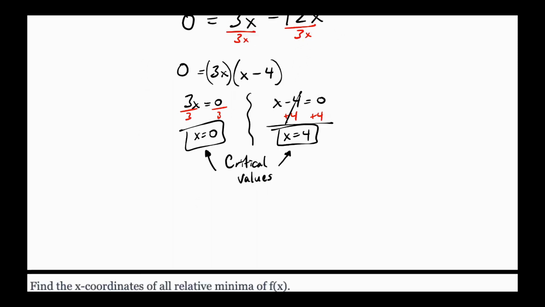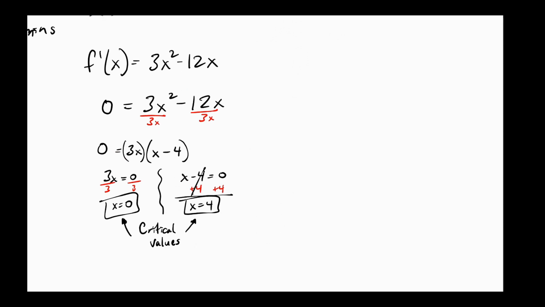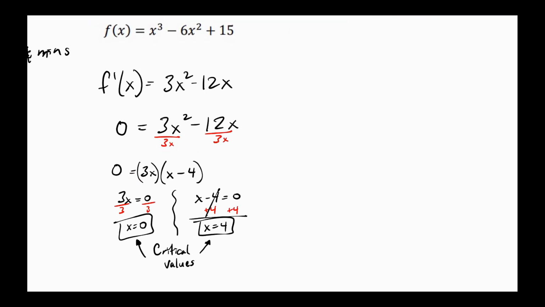Okay, so the first derivative test, let me get some, is a line. We use a number line. On the number line, the critical values are going to go. So in this case, we're going to put a 0 and a 4.